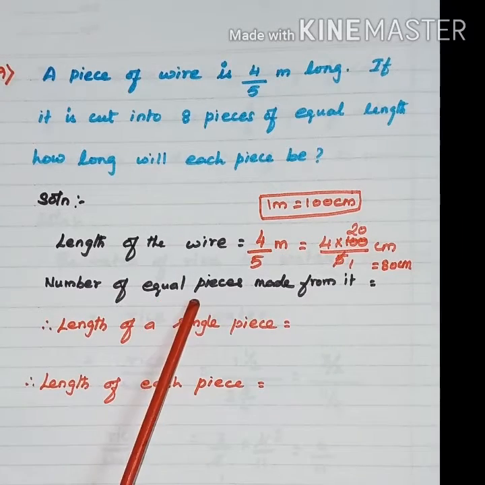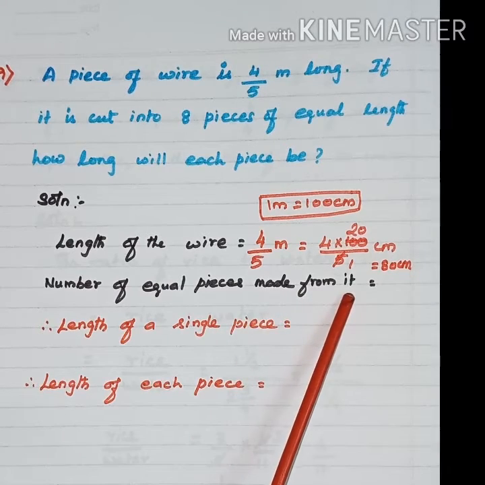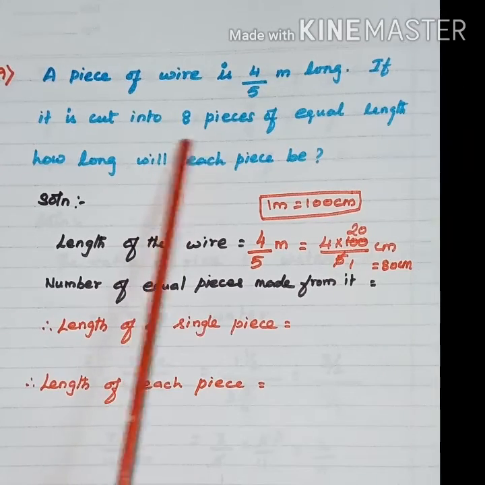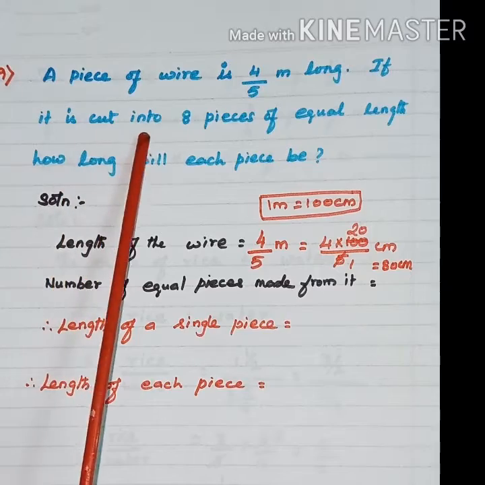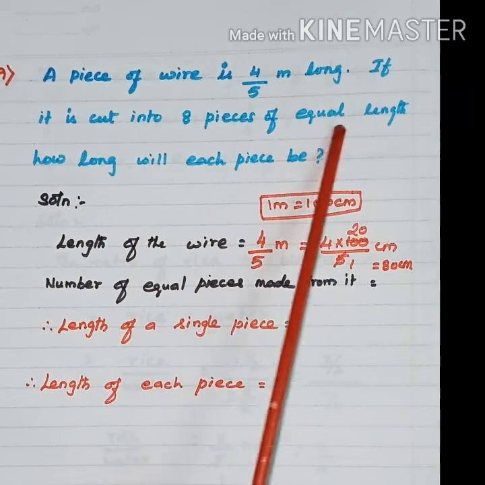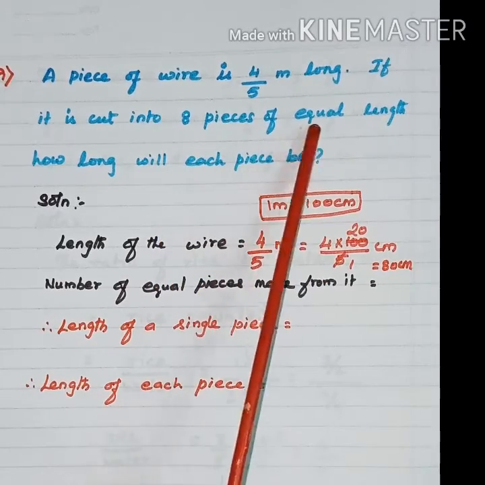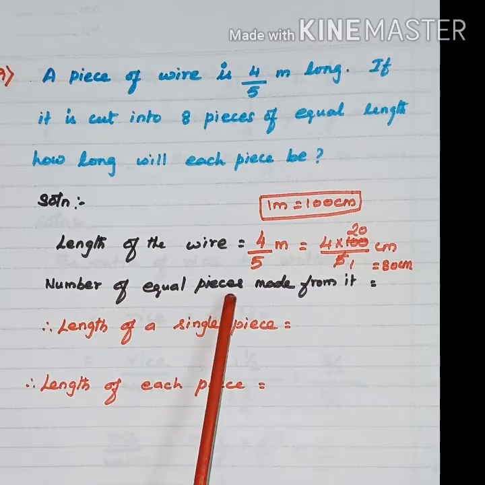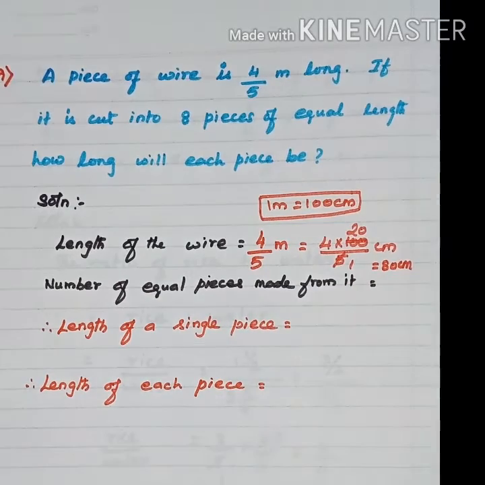The number of equal pieces made from it is equal to 8 pieces. That is, it is given, it is cut into 8 pieces of equal length.